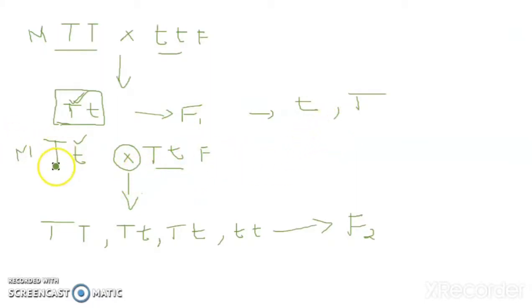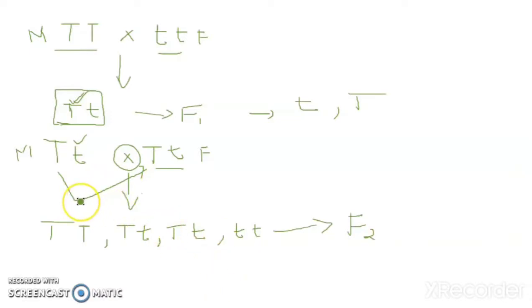And when they are self-pollinated, what would happen? This male gamete called T can either combine with the female T, a 50% chance, and the other 50% chance is the small t combining with it.